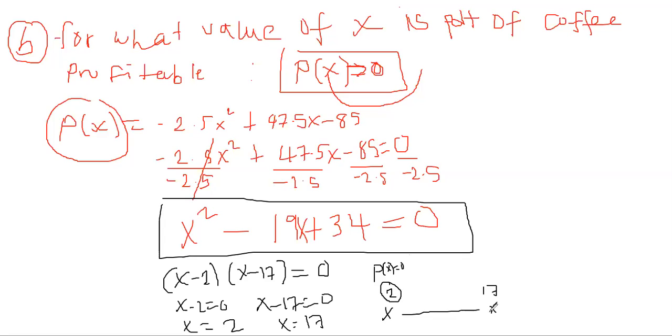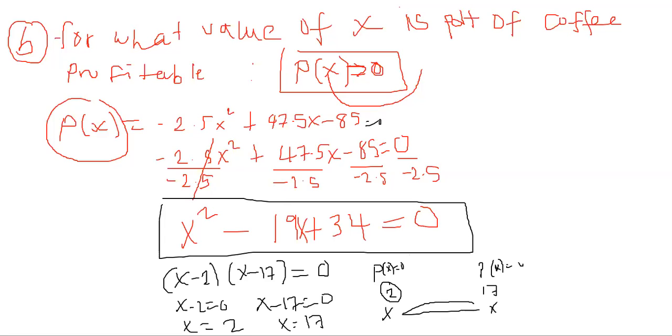And you can confirm that by substituting 2 into this profit function. You will realize that if you substitute there, it will be 0. If you also substitute 17 there, you will also have 0. So when x equals 17, the profit will also be 0. So it's only after 2 and before 17 where production is profitable.